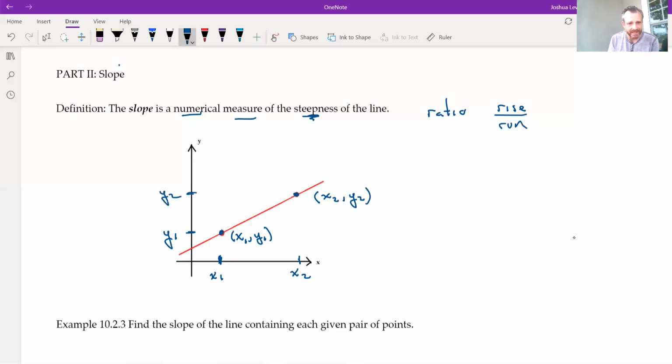Now if I'm moving left to right, then starting at x1, y1, I gained this distance over that distance. And that's what we mean by rise over run, okay? Rise and run.